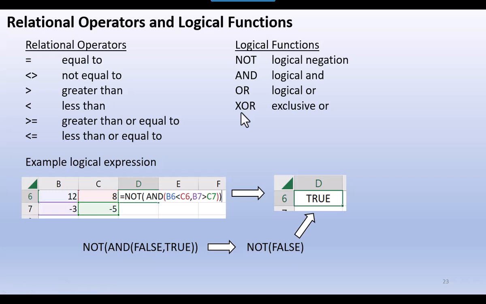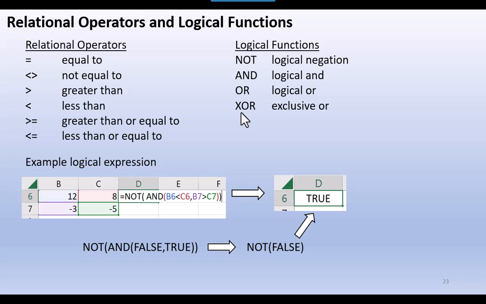Now, the one there that might look a little bit strange to you is exclusive or, because an or function would give you a true result if either one or the other is true, and the exclusive or will include a true result if both are true.